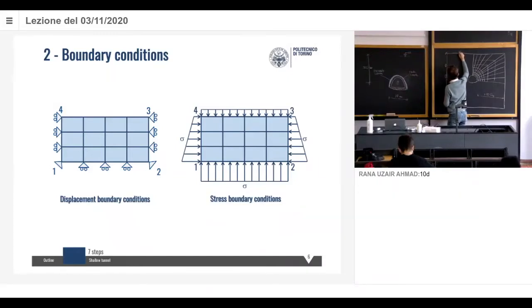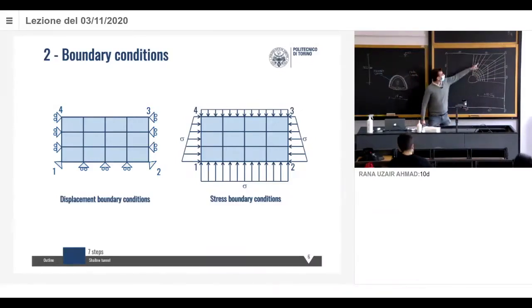So this is not the ground surface. So as he said, we have to be careful with the boundary conditions. Okay, and then we have rollers, rollers, rollers, and rollers.